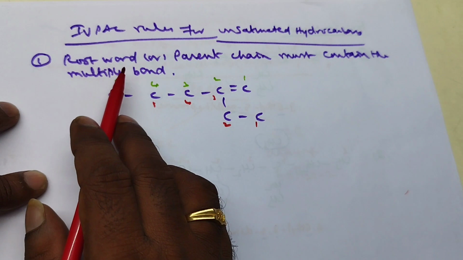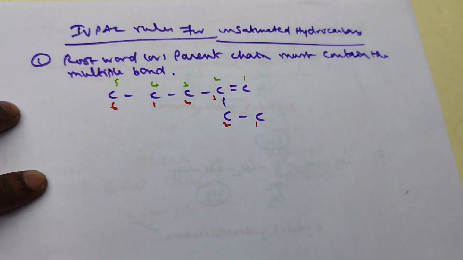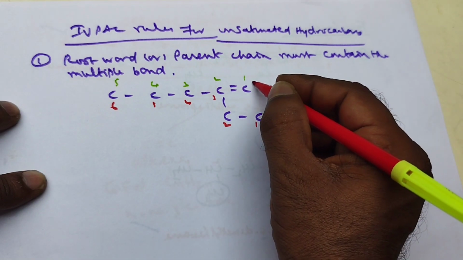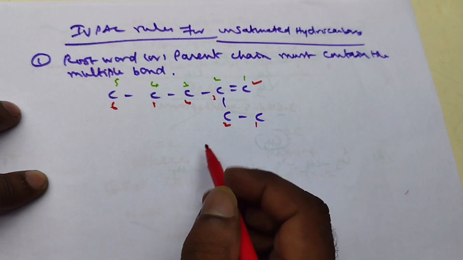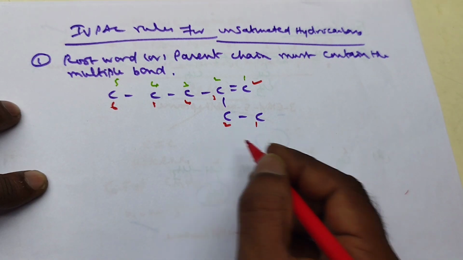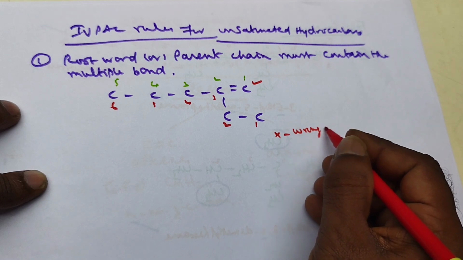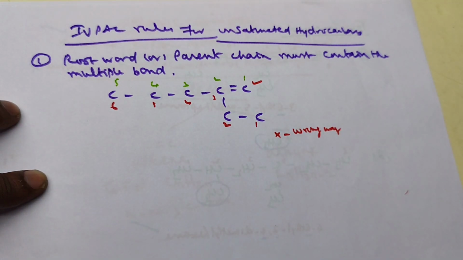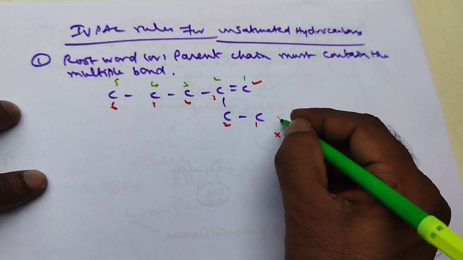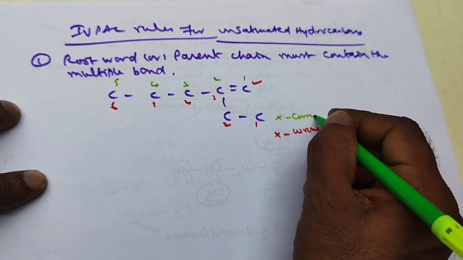See the rules first. The root word or parent chain must contain the multiple bonds. Here, this case covers the double bond. That is the correct way of giving IUPAC names. The red mark is the wrong way of IUPAC naming, whereas this numbering is the correct way.